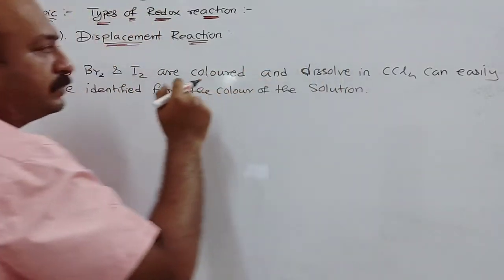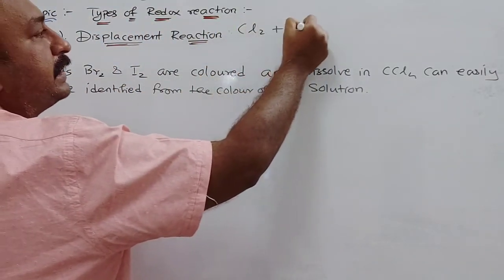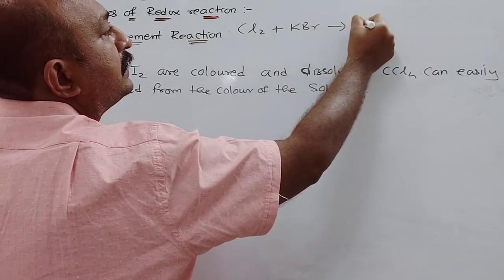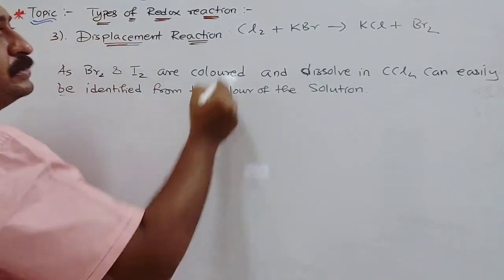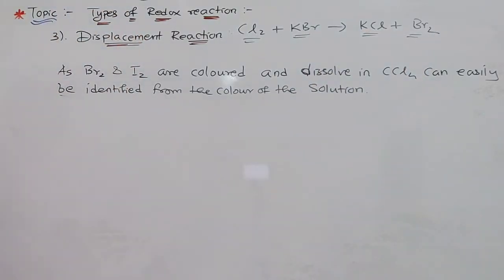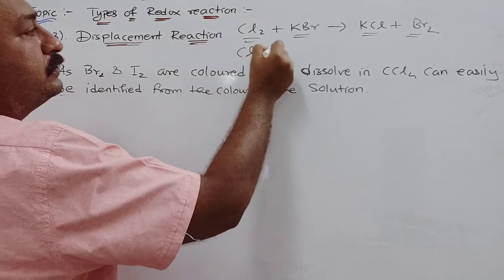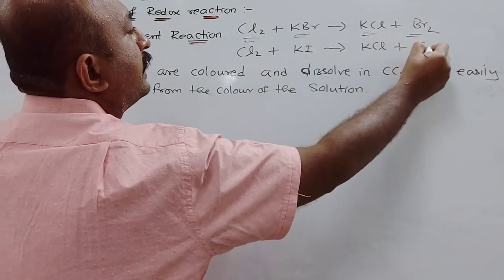The reaction we saw, Cl2 plus KBr, what will it give? KCl plus Br2. Understood? So this reaction can be written in ionic form also. Cl2 plus KBr, then another was Cl2 plus KI, which gives KCl plus I2.